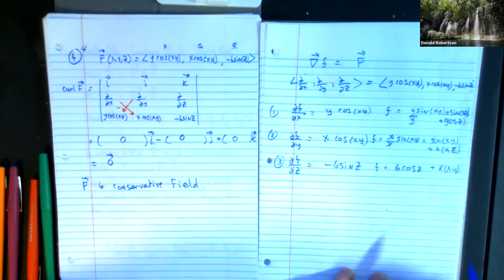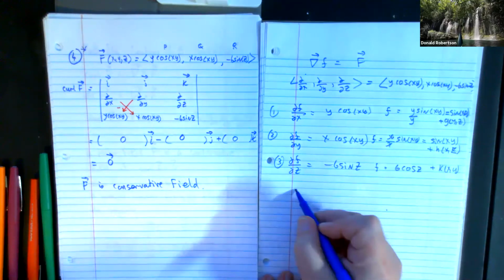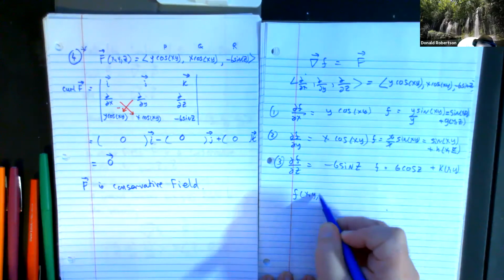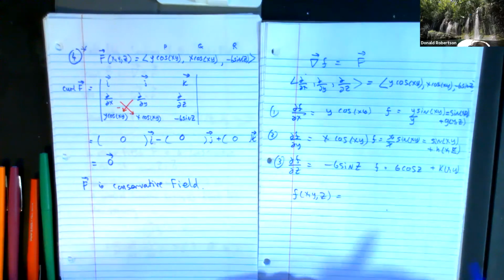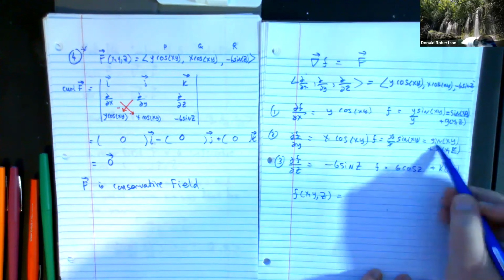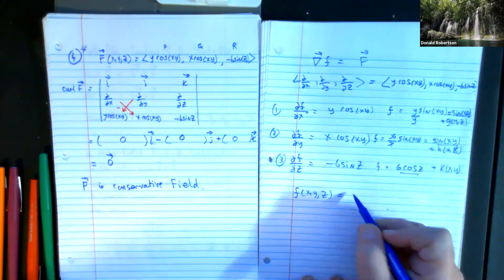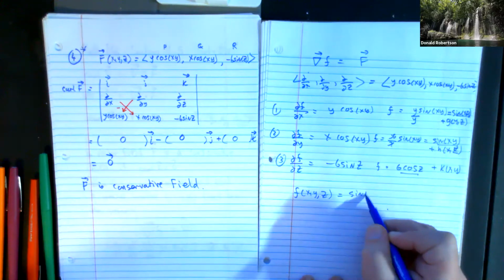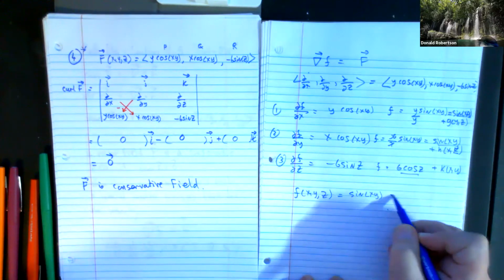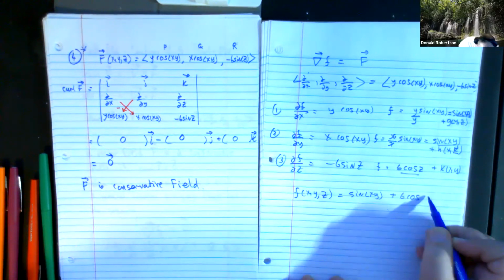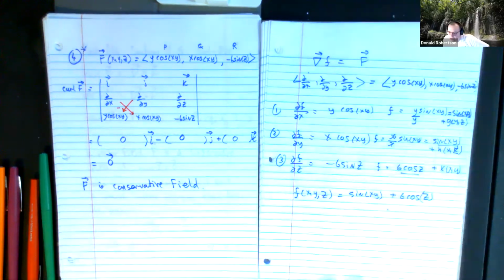And when we merge all those together, we will have our potential function. So I got a sine, I got the same sine, and I got this guy. So sine of xy plus 6 cosine z is the potential function.